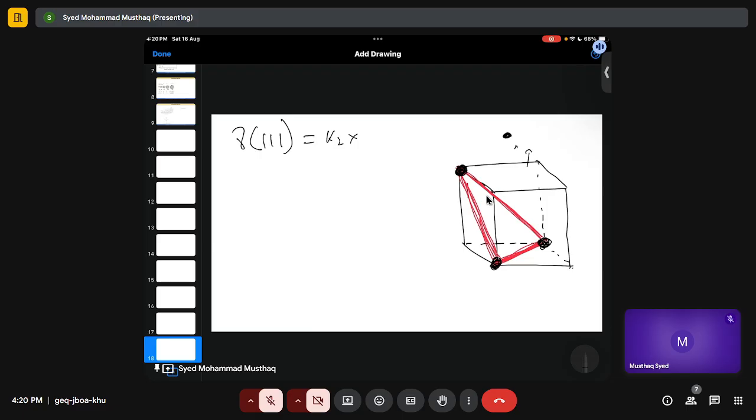And the same goes for the one behind. Okay. And then you have the one below, right? And there is also the one here and the one here.